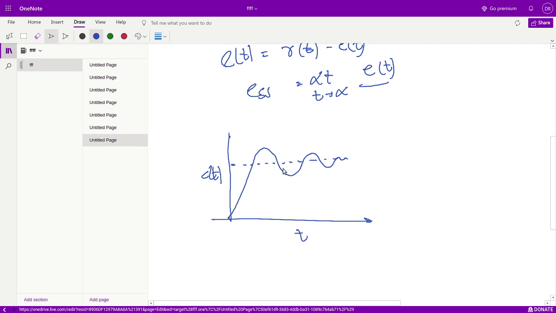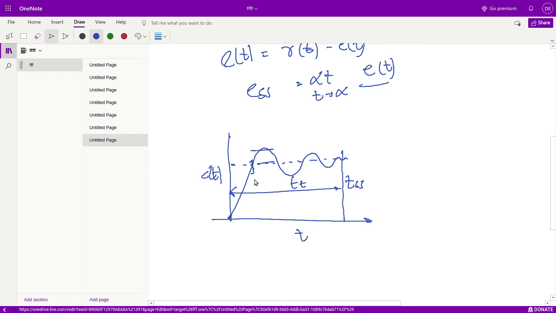There are some parameters which will be studied. From zero to this value is the rise time, this is the peak overshoot from the input, and this is the settling time. After this, the transient nature ends. So there are many parameters: rise time or delay time, and also peak overshoot.